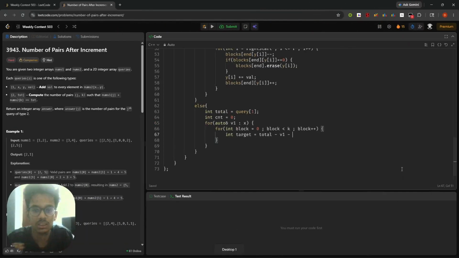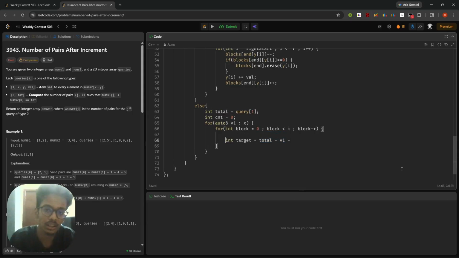If this whole thing is the real value, total minus v1 is the real value which I need to find. Int real target, real is total minus v1. And the thing I need to find is real minus lazy, the actual target which would be stored in the unordered map. The data structure would be real minus lazy of block.